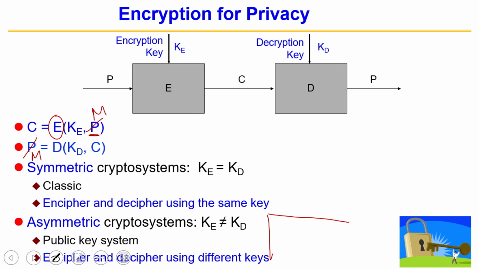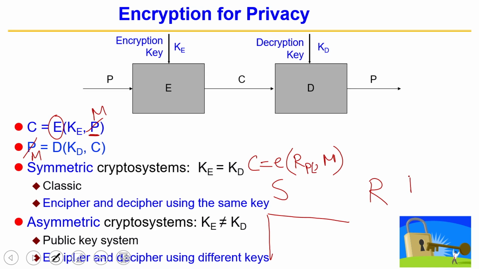The asymmetric one is easier in the sense that when a sender sends to the receiver, it encrypts with the receiver's public key, let us call it PL.